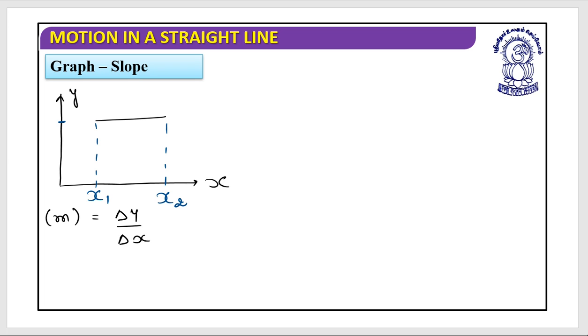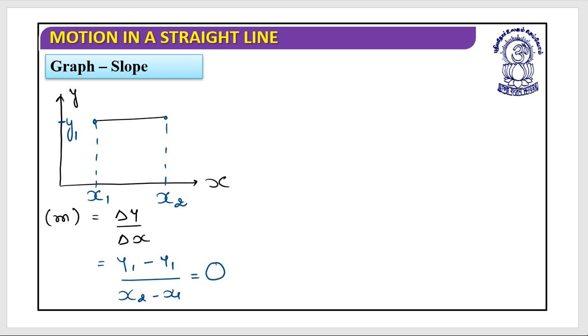As it is a straight line, the value of y at both points would be y1. So this would be y1 minus y1 divided by x2 minus x1, and this would be converted to a zero slope.